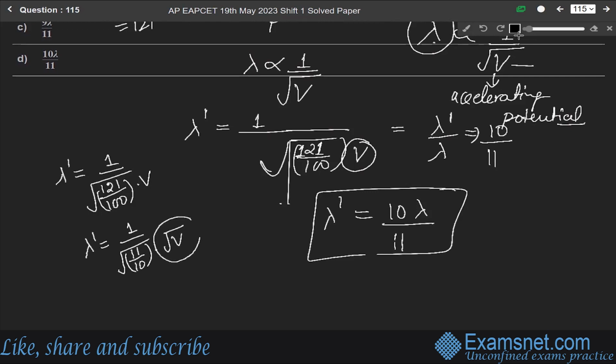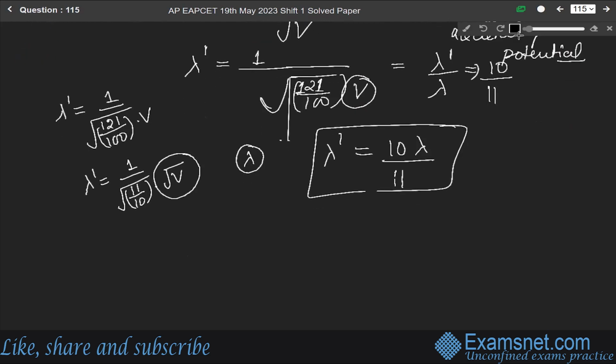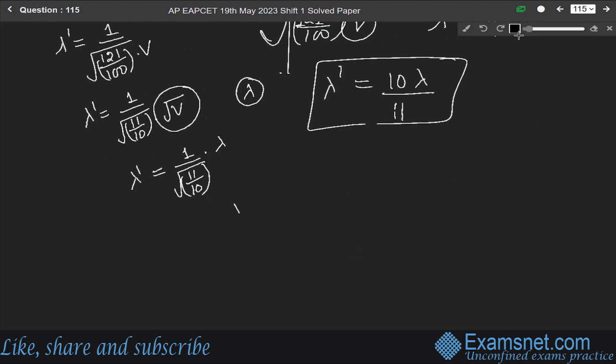And this 1 over under root of V is what? Lambda. So we can write lambda dash equals to 1 over 11 over 10 into this lambda. So from here we can write lambda dash equals to 10 over 11 into lambda.